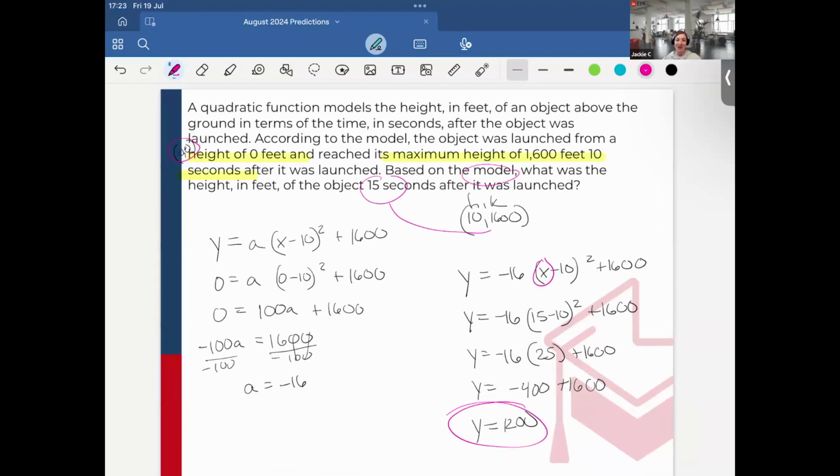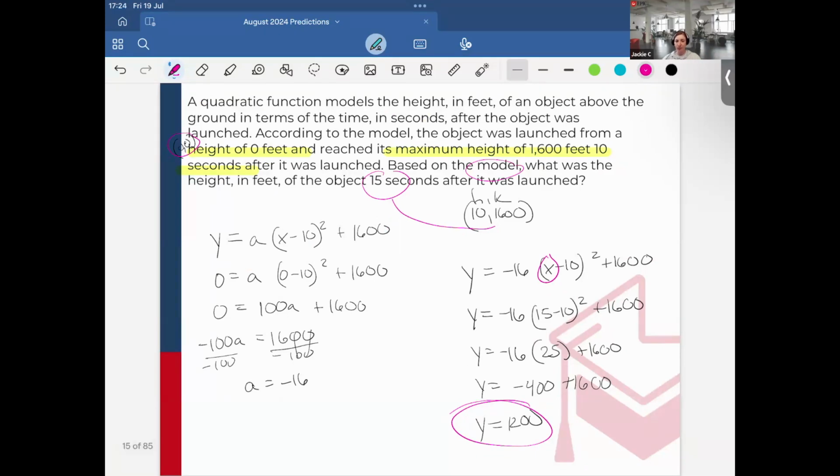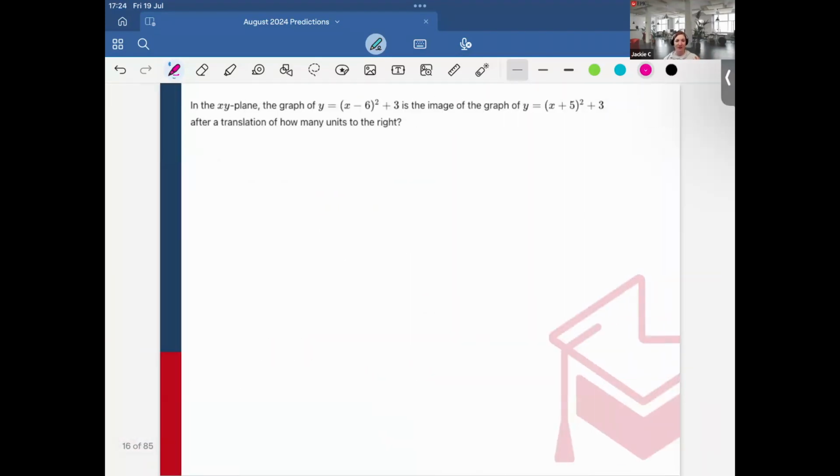Okay, so continuing our journey. For one final instance, this is more of a translation problem than vertex form, but it is in vertex form, so you should be familiar with translations. Watch my other videos on that. Remember it's in the xy plane: the graph of y equals (x minus 6) squared plus 3 is the image of the graph of y equals (x plus 5) squared plus 3 after a translation.